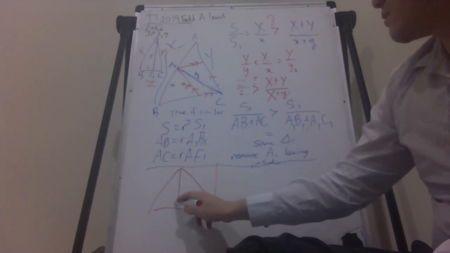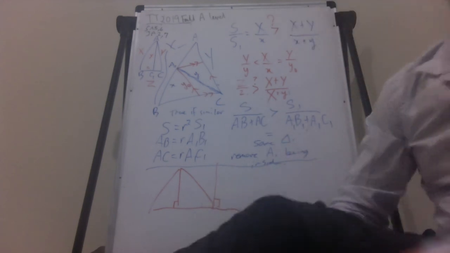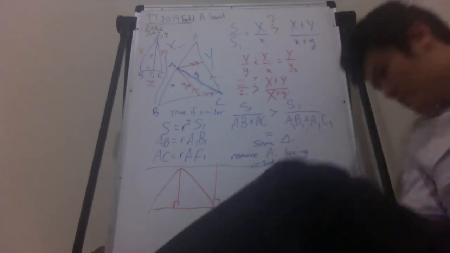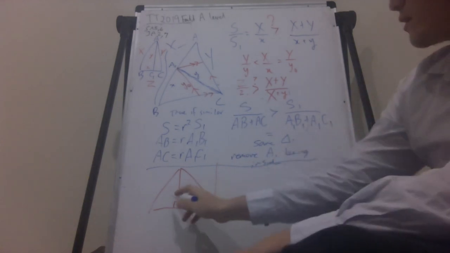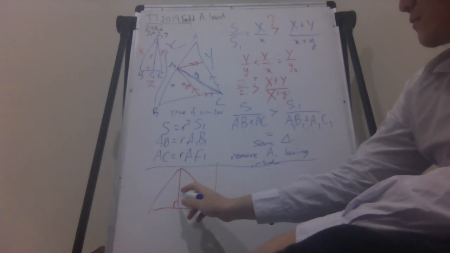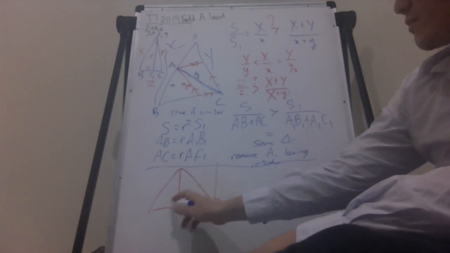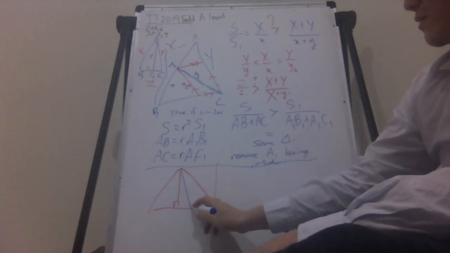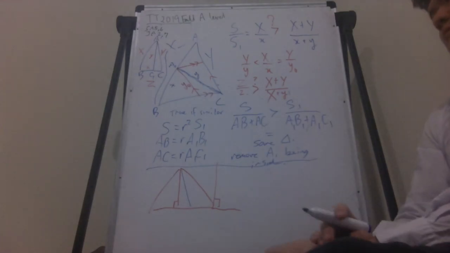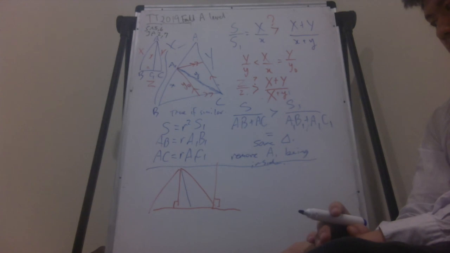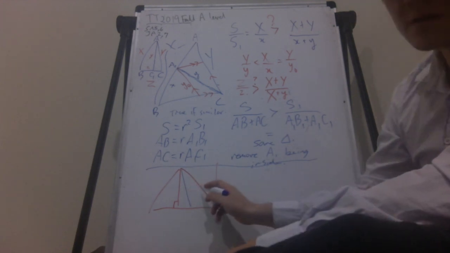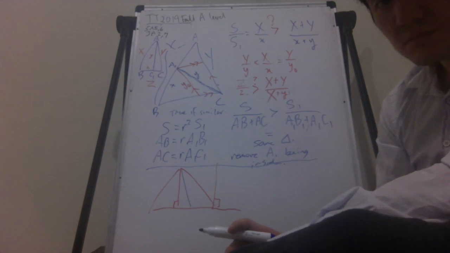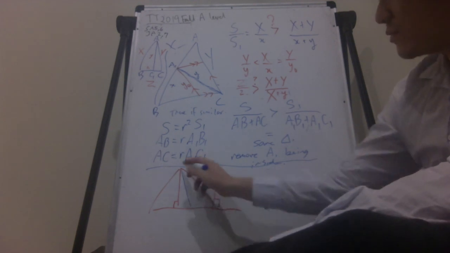This is 90 degrees. And you have another line on this side of it, right? So it can't be here because that would make it obtuse. It has to be on this side. Yeah? So you can see this side is always shorter than that side, yeah? Like the blue line is always shorter than this line.